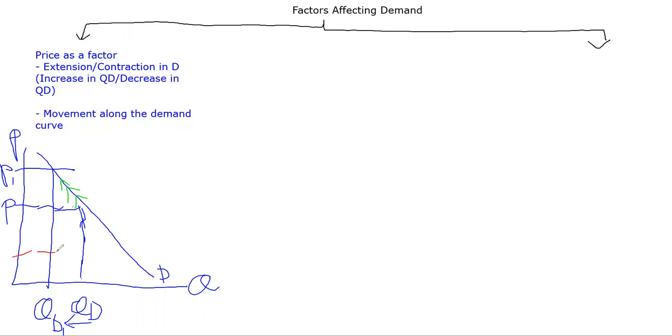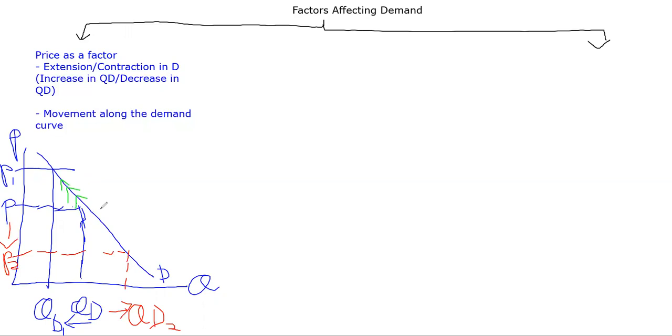However, if price falls to P2, let's say, again, if you recall the law of demand, quantity demanded should increase. So we can call this QD to QD2 change an increase.